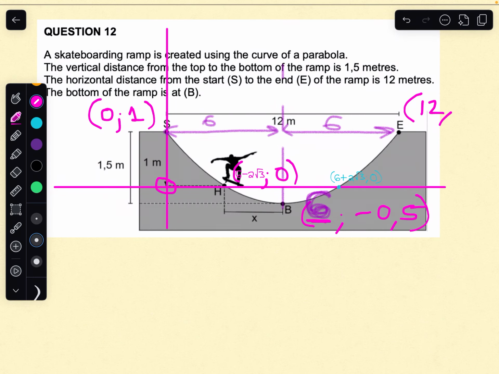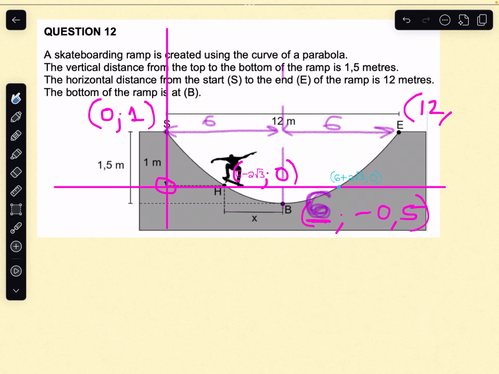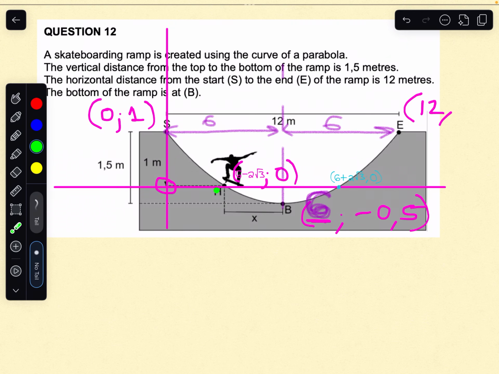So the question was, what is the horizontal distance between H and B? We now know the x-coordinate of H is 6 minus 2 root 3. The x-coordinate of B is 6. The difference between them is therefore 2 root 3. To go from 6 minus 2 root 3 to just 6 means that I have traveled 2 root 3.